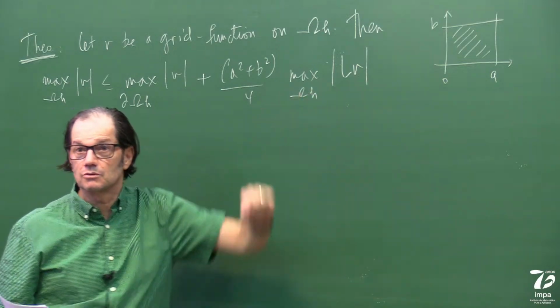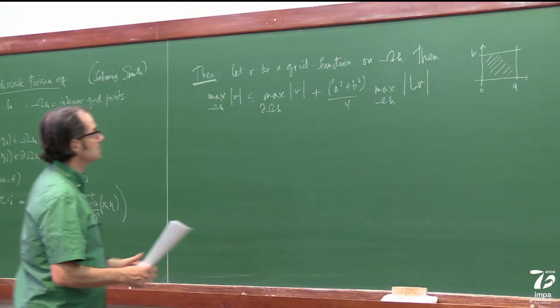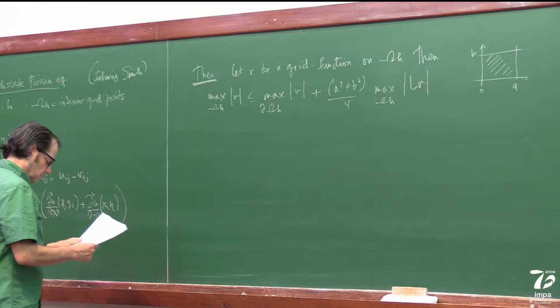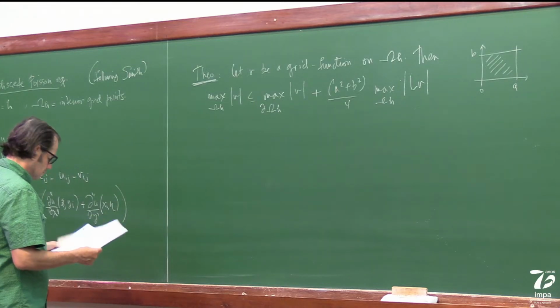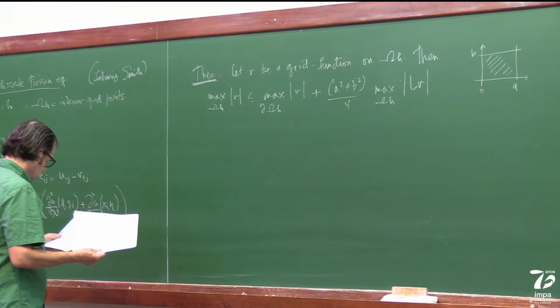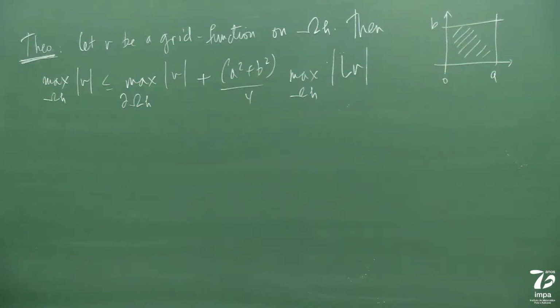So let's first use this and then prove it in just a second using auxiliary functions, so that we get a discrete subharmonic function. Smith proves it, but we use the fact that a subharmonic function has a maximum principle, just like in the continuous case.